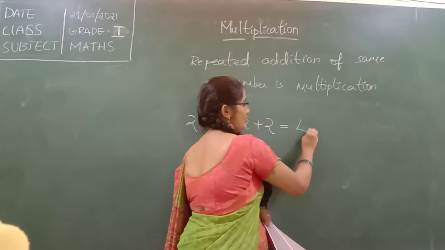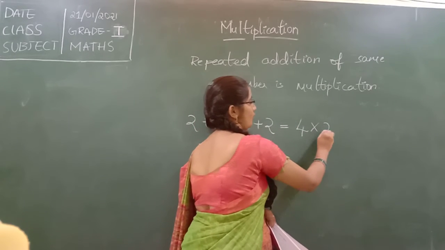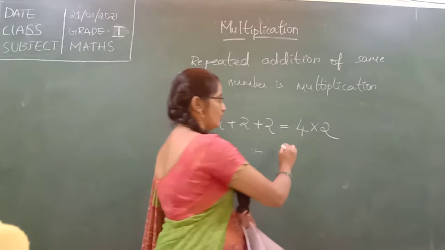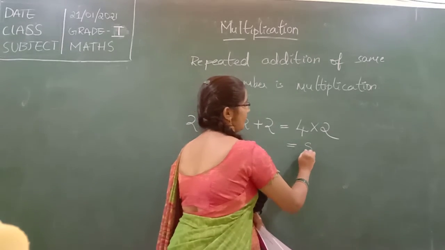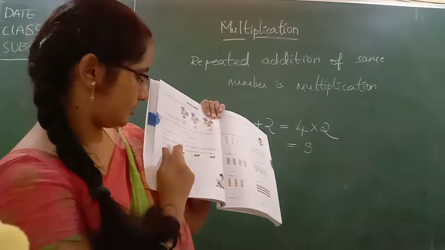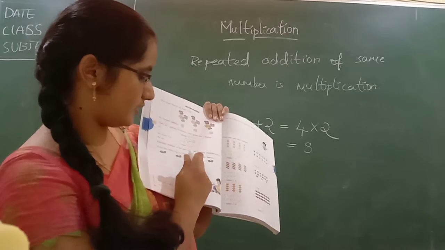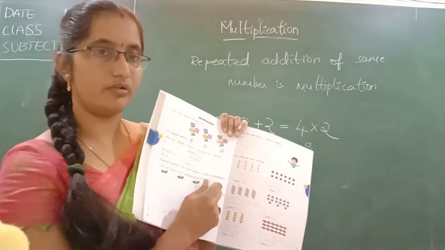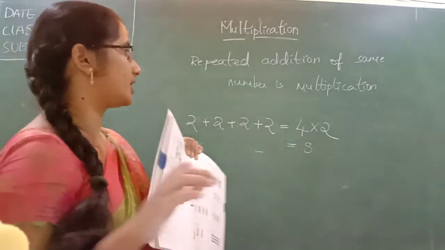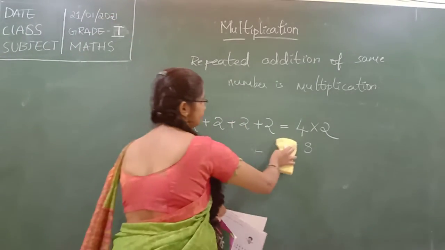That is 4 into 2, 4 times 2. What is the answer? 8. Do we have 8 leaves here? Count. 1, 2, 3, 4, 5, 6, 7, 8. They didn't ask for the answer, only the multiplication form, so we need not write the answer.